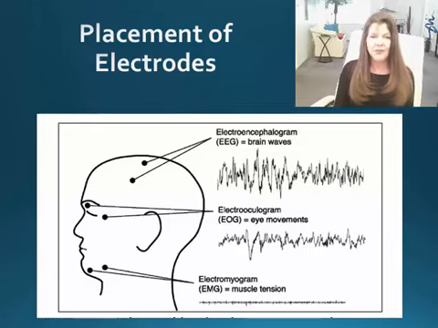Note that the electrodes for the EOG, the one for the eyes, generally include one in the middle of the forehead too, just for reference. Then the main recording ones can be placed above and below the eyes, or, as shown in this case, to the sides of each eye. Note that the standard EMG electrodes are placed on the chin and the jaw.